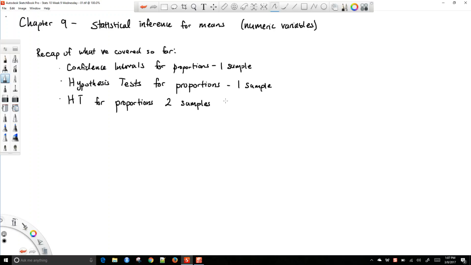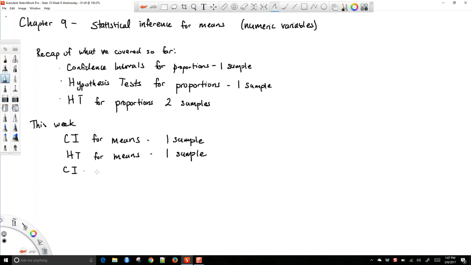Okay, so that's what we've covered so far, and I guess this week we will do confidence intervals for means with one sample, and then hypothesis tests for means, one sample.